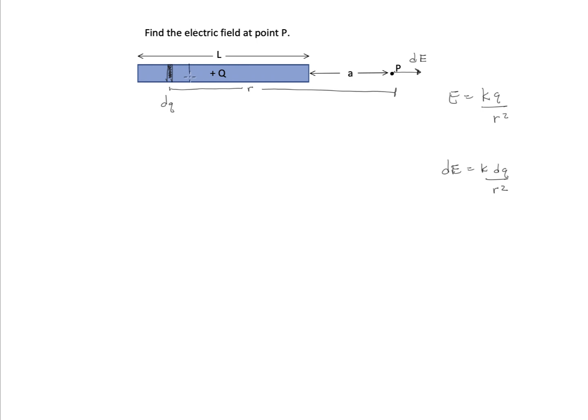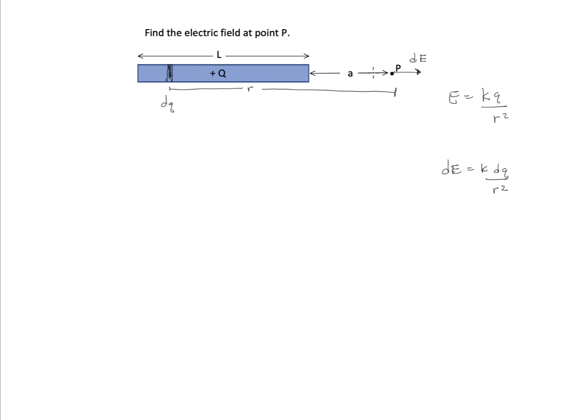So each sliver on the bar is going to have a different R value, and that little sliver is going to create another dE, and this little sliver is even closer, and it's going to create another dE. What we have to do is basically sum up all of these little dEs in order to find the electric field at point P.